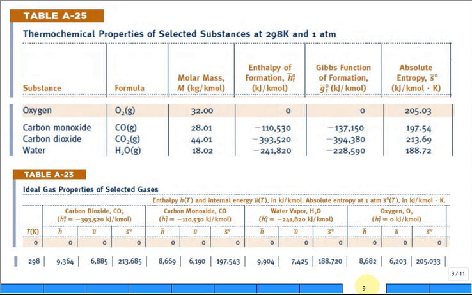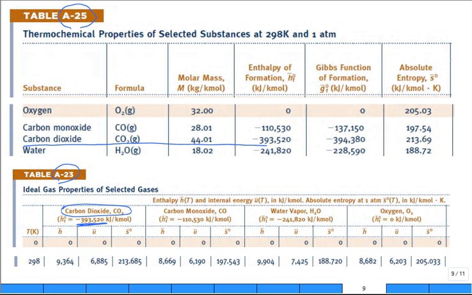We can also compare the tables, let's say table A25 and table A26. If we take a look at the carbon dioxide, CO2, first of all, you notice that they repeat the value of the enthalpy of formation, negative 393,520.